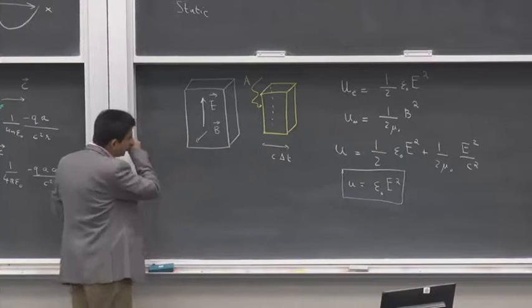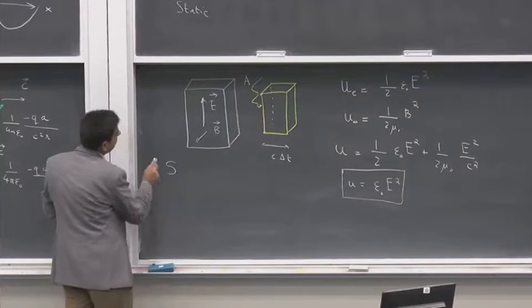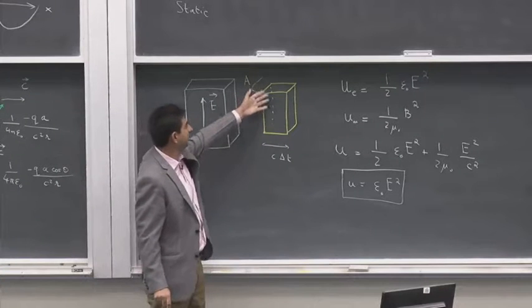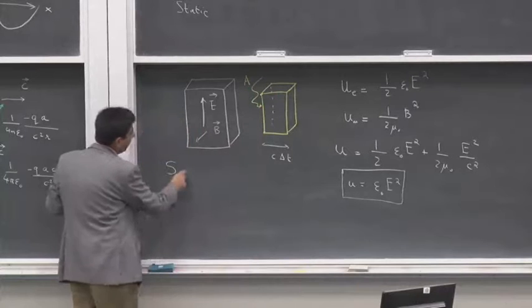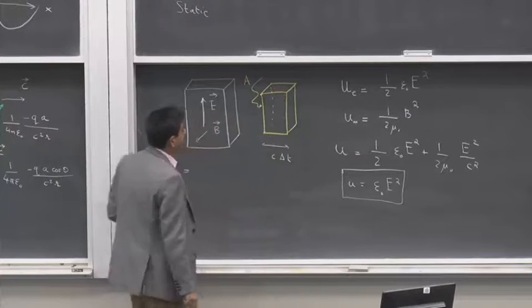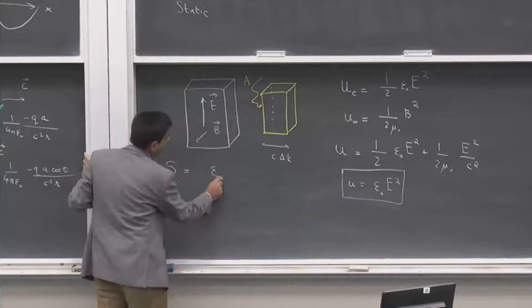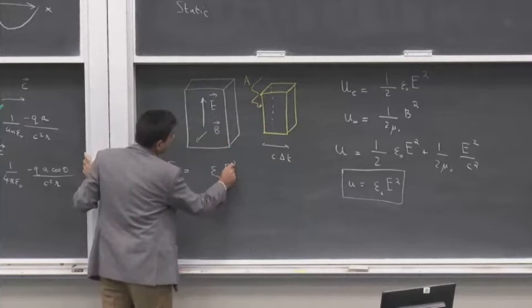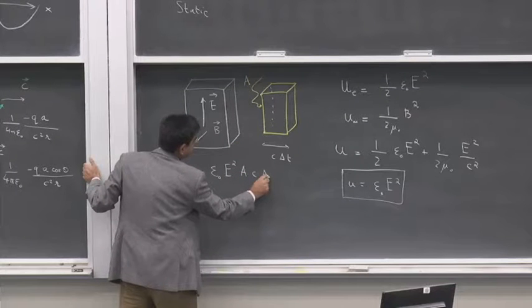So the amount of energy S that goes through this cross-sectional area per unit time is given by the energy contained inside this volume, which is epsilon naught E squared times the volume A c delta t.